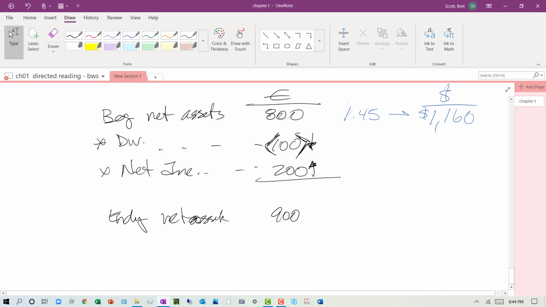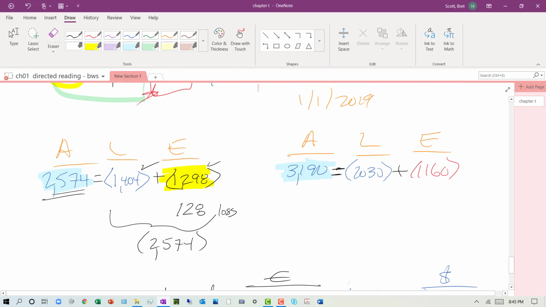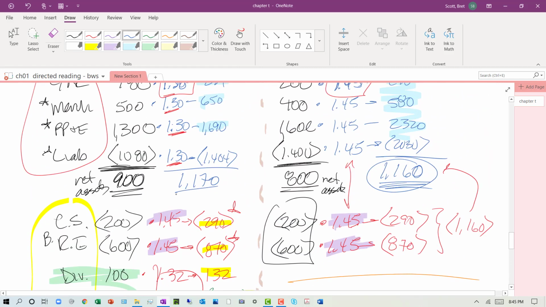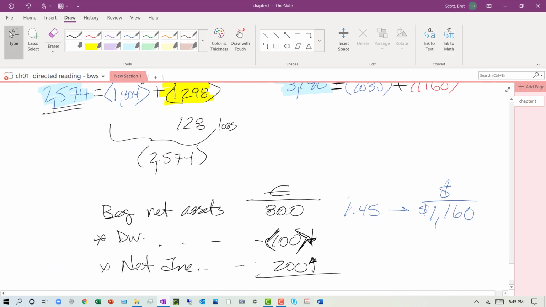Now, in terms of my ending balance, we can say that the current rate at the end of the period is 1.30. So what's 900 times 1.30? 1170. Is that what we had up above? Sure it was. Let's go back up. There it is, 1170.